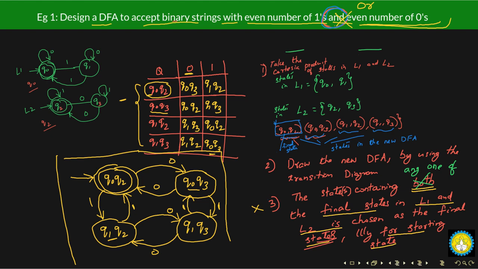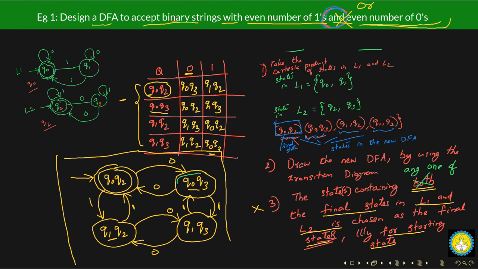So let's modify this. Q0, Q2: which are all the final states in the new DFA? Q0, Q2 contains one of the final states. In fact, it contains both the final states. Here, Q0, Q3 also now becomes a final state.